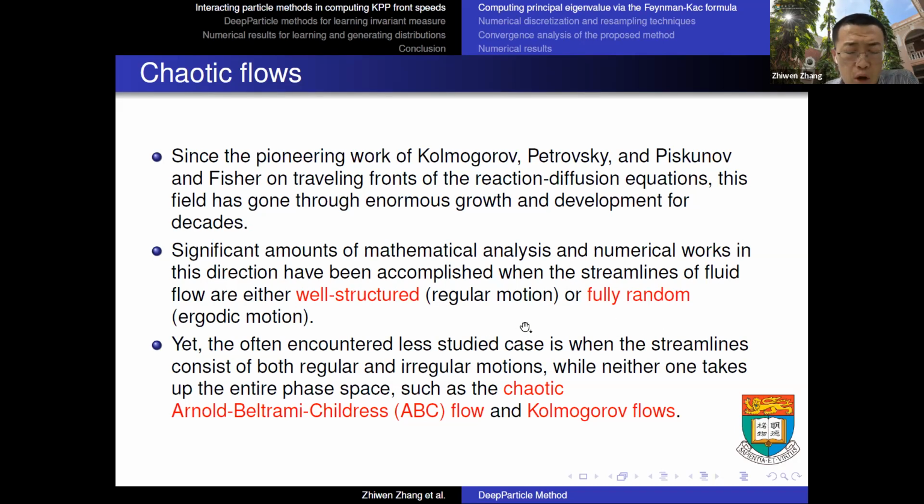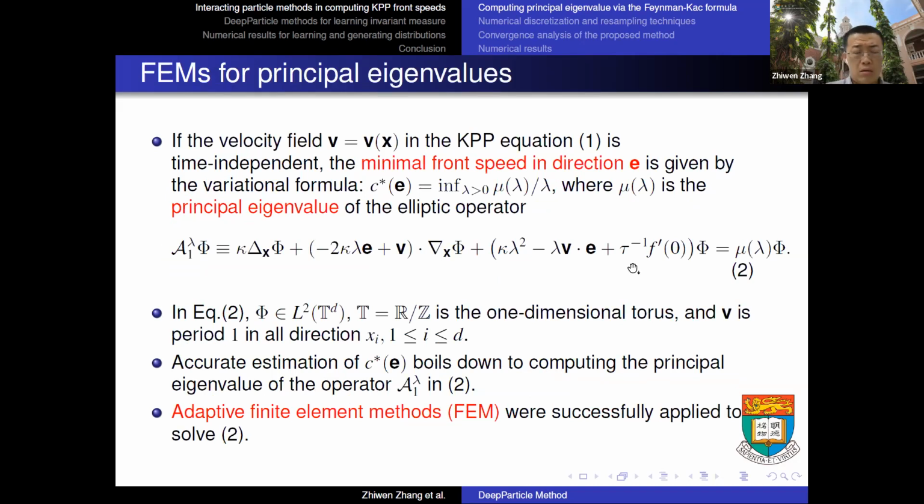However, an often encountered but less studied case is where the streamline contains both regular and irregular motion, such as chaotic flows like ABC flow and KS flow, the typical chaotic flows. So how do we study this front speed? The nonlinear problem is difficult, so people linearize it.